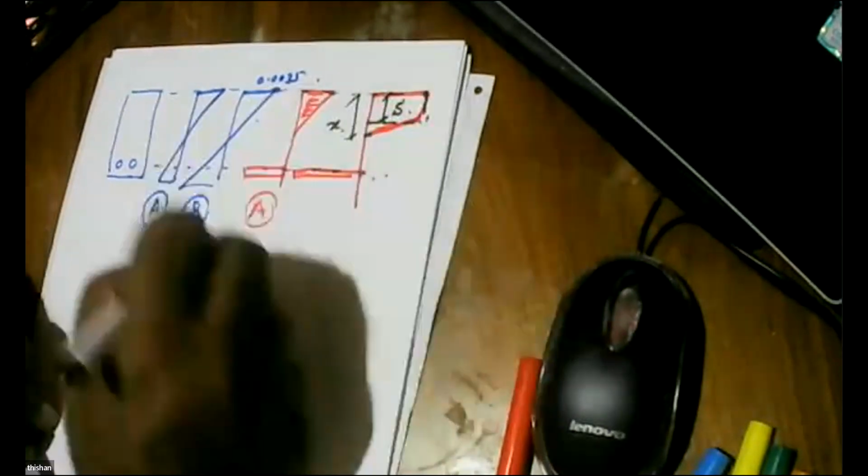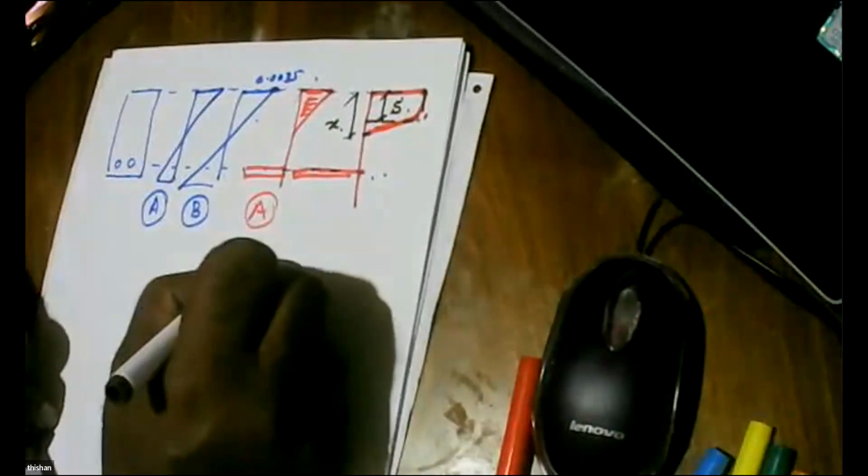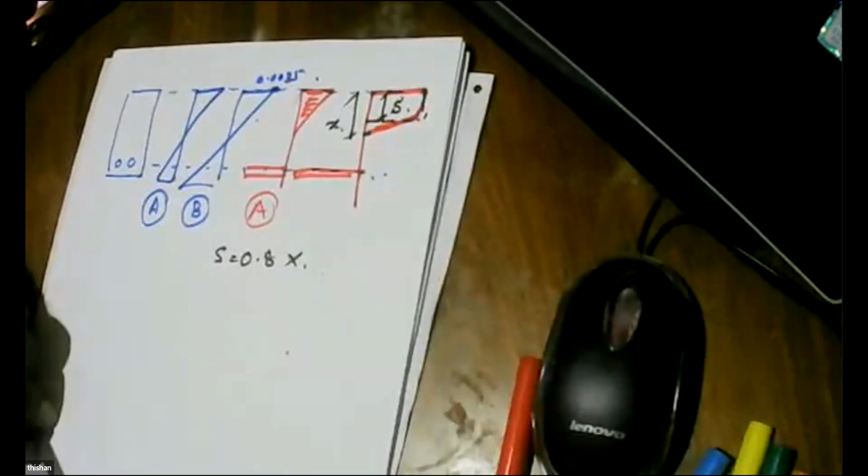But what we do is, we say it is equivalent to this. So if this is X, we say this is S. S is equal to 0.8 times X. So that is the theory. So for this beam, below the level of steel, we don't really consider.